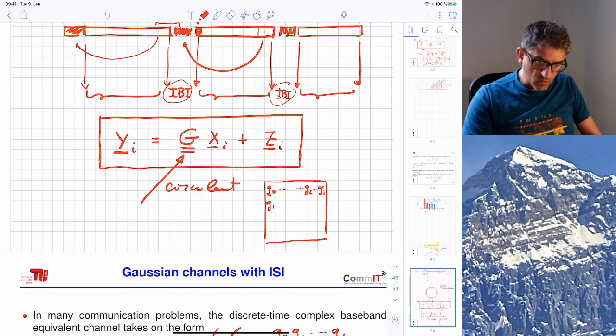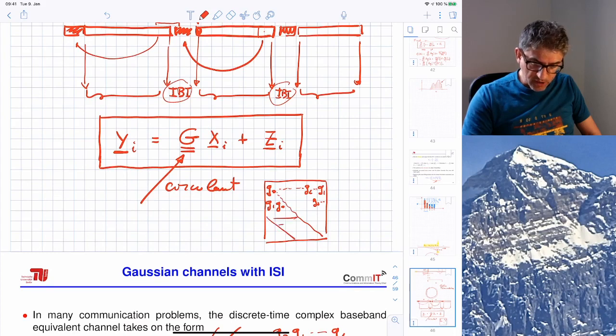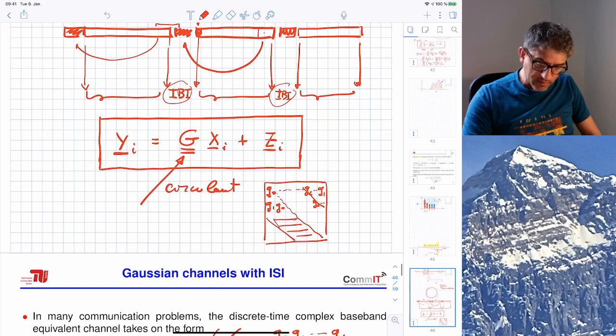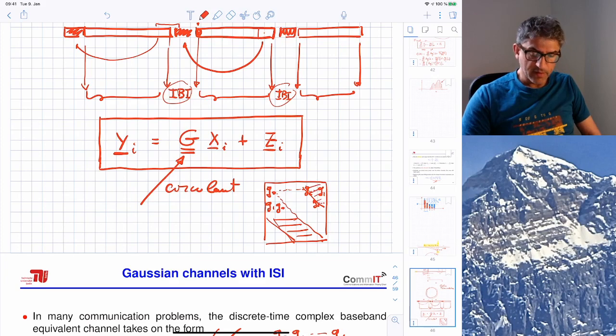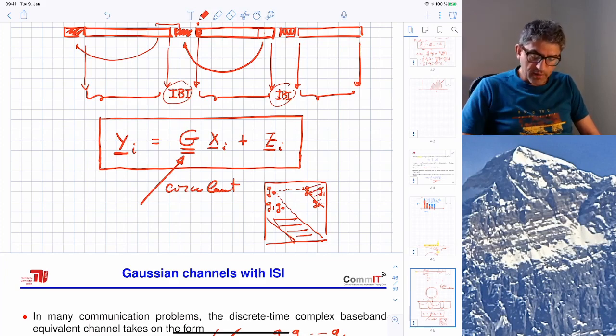So we have G_1, G_0 here, and then here is G_L. So at the end, if you keep going like this, there will be a band that contains a cyclic shift of the impulse response, where G_0 goes from the upper left corner to the bottom right corner, and a little triangle here that contains the tail of the impulse response that is turning around.